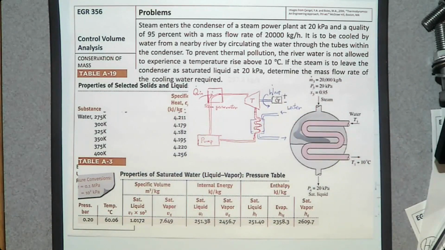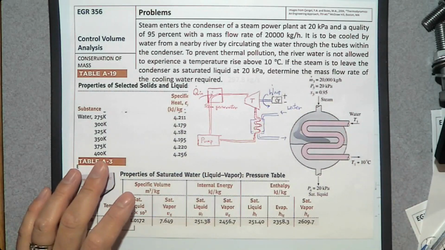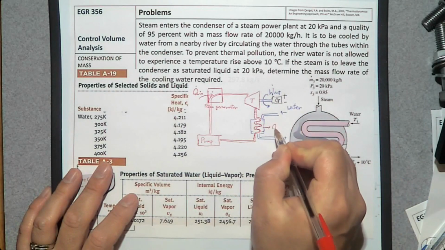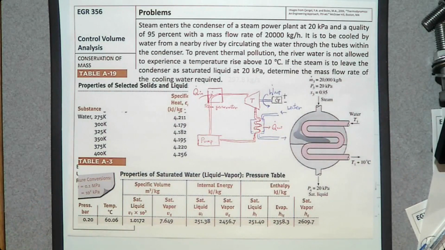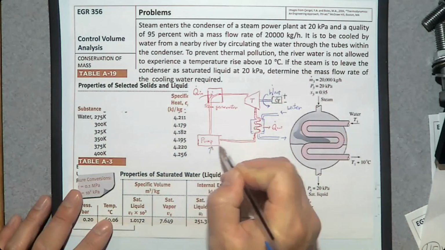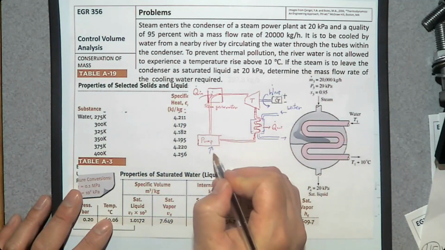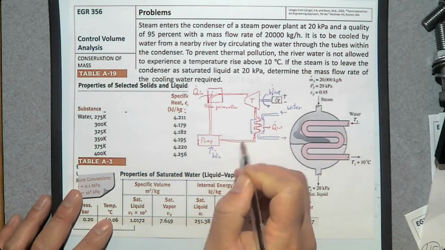Once the expansion is over, the steam still has waste heat. So we need to remove this waste heat with this cooling water. That's where we remove heat, Q dot out. And then it goes back to this pump to increase the pressure so that it can go back to this steam generator, W dot in.